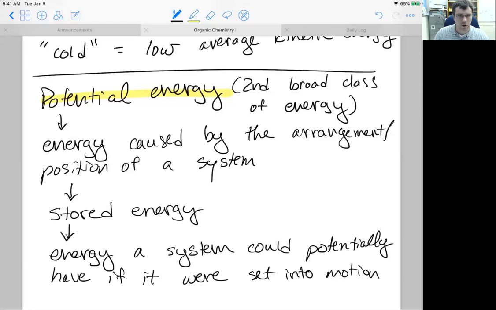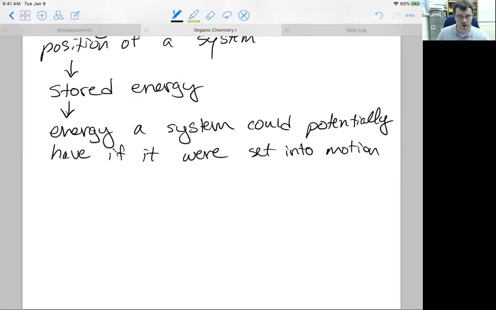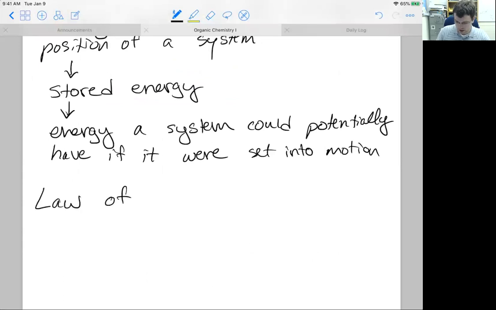Okay, we're going to look at examples of potential energy, but before we do, I want to bring up another one of these physical laws that's really important to hold on to, and that is the law of the conservation of energy.